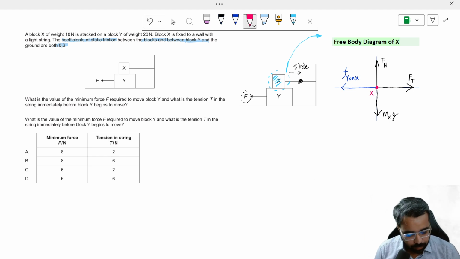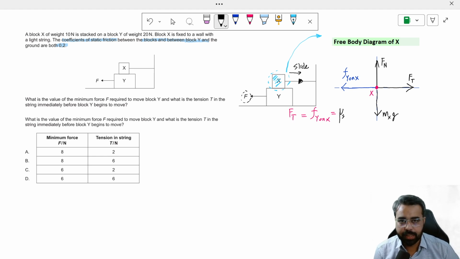So in this question, we can say that the force of tension T is equal to f of Y on X, which according to the formula of the force of friction is always mu s, the coefficient of static friction because X is at rest, times the normal force. The normal force exerted on which block? On this block, right? So if we put in the values, it is equal to mg.